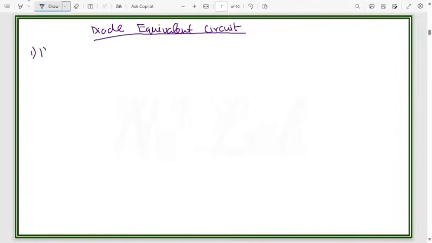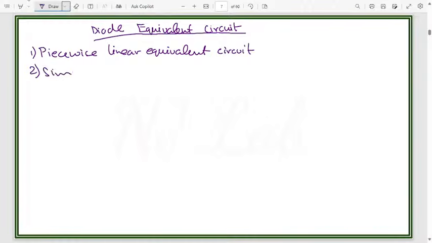One is known as the piecewise linear equivalent circuit. Second is known as the simplified equivalent circuit. And third is known as the ideal equivalent circuit. First we are going to obtain the piecewise linear equivalent circuit. Then from piecewise we will move to the simplified, and from simplified we will move to the ideal.